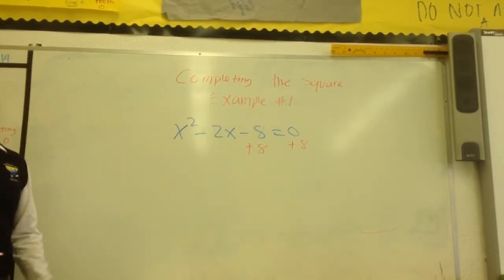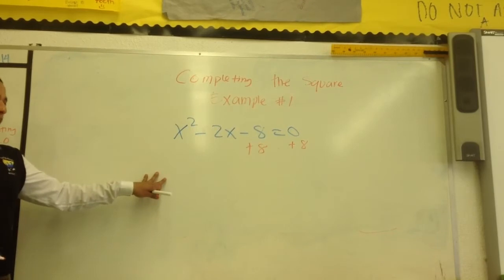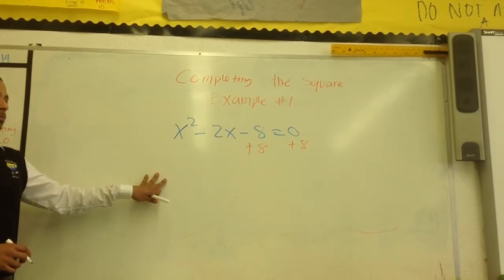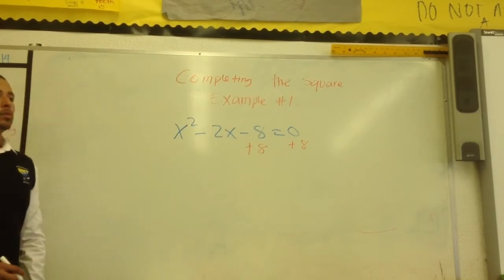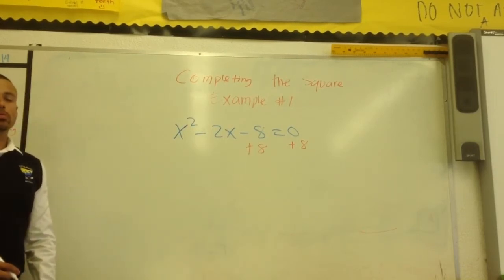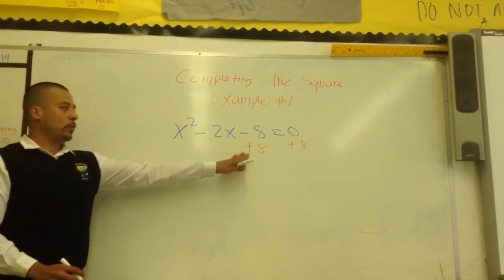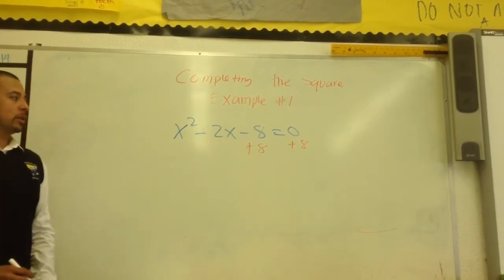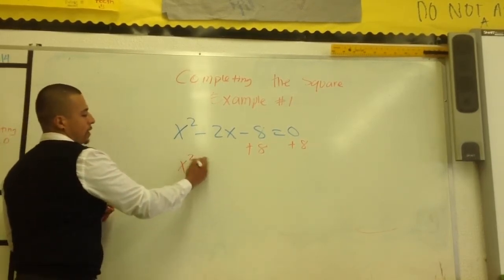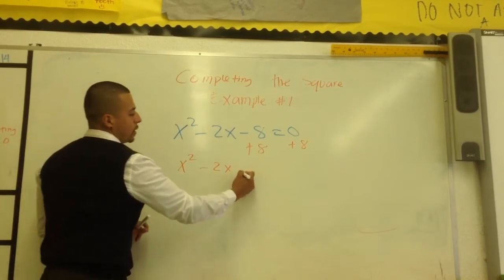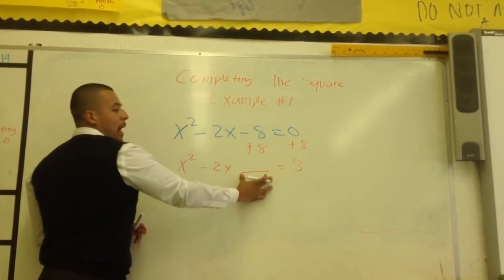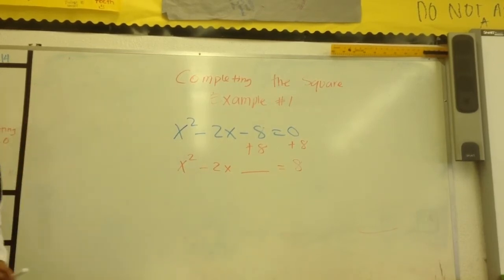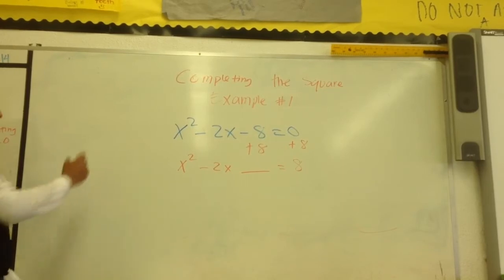Because you want to isolate. So let me just finish the problem. X squared minus 2x, there's nothing here anymore, is equal to 8. That's going to be the D. So I already know because we just practiced the D.